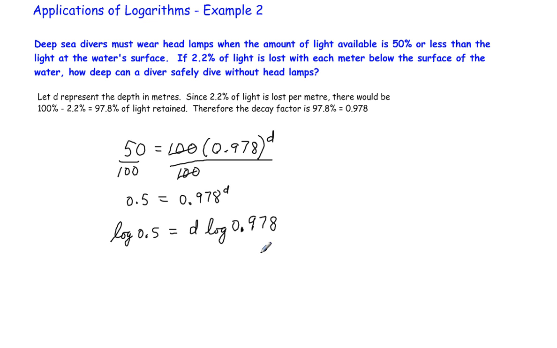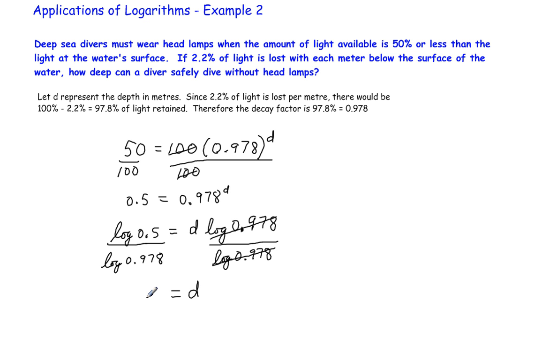From here, again, it's just like the last example. You're going to divide both sides of this equation by the log of 0.978. So they cancel on the right-hand side and leave us d, which is what we're hoping for.